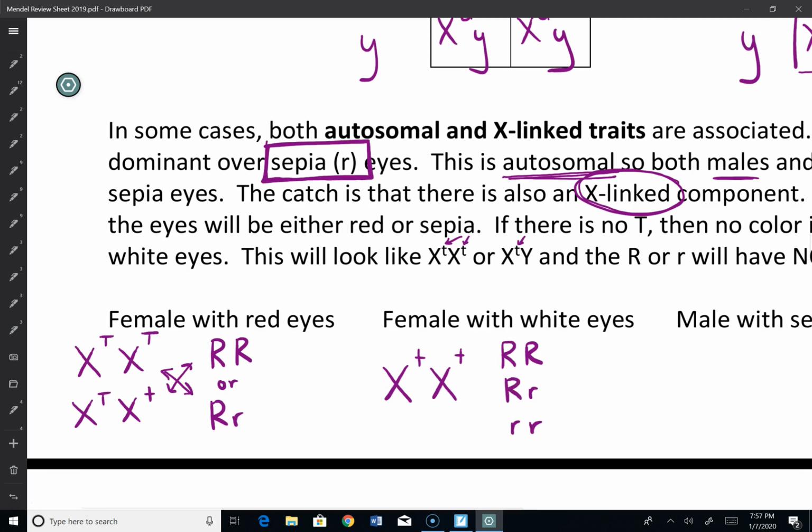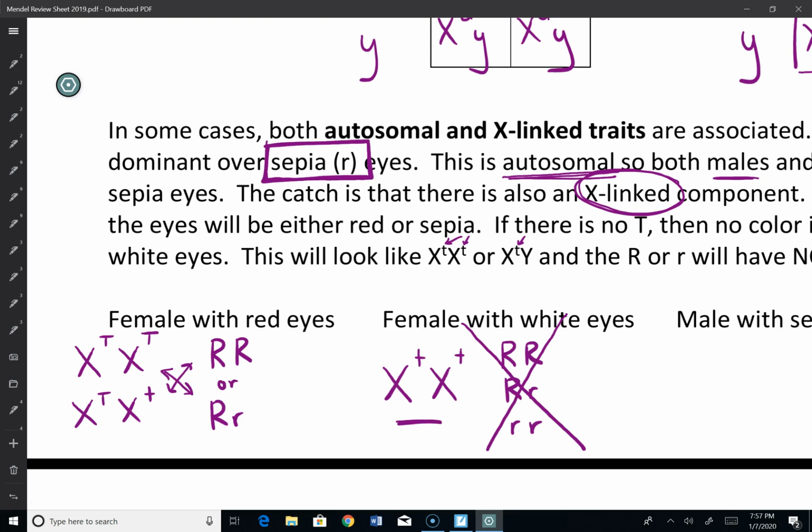Because there are no capital T's, these genes do not get expressed. Now, one of the kids asked, well, why do they have them? Why are there R's if they're not going to be expressed? There has to be all of the genes in all of the chromosomes. You can't just leave things out. But this determines if that color is expressed or not.